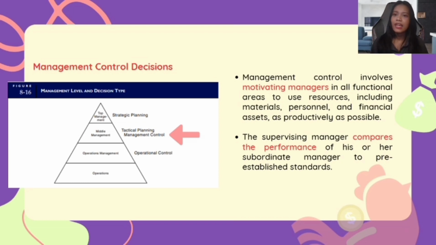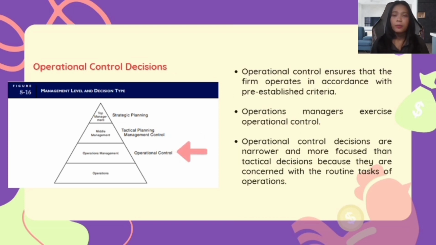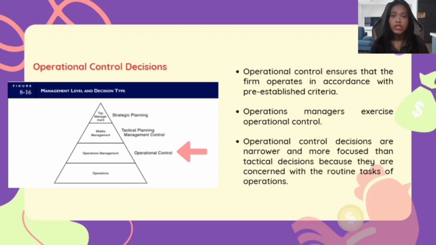The last category is the operational control decisions. An operational control decision ensures that the firm operates in accordance with the pre-established criteria. As you can see on the figure, operations managers exercise operational control, and operational control decisions are narrower and more focused than tactical decisions because they are more concerned with the routine task of operations.